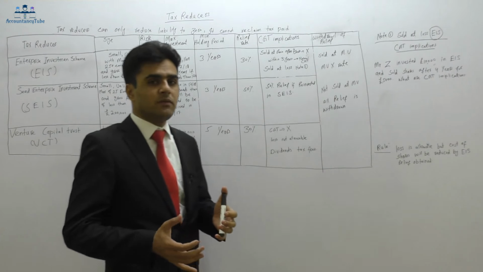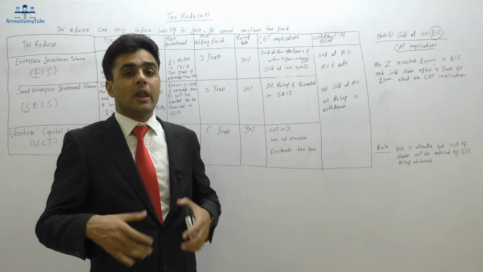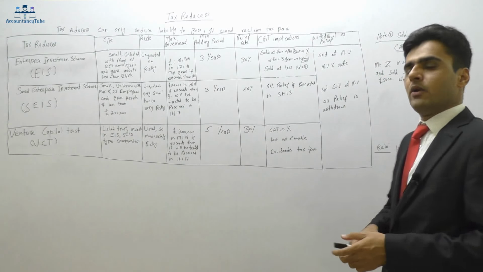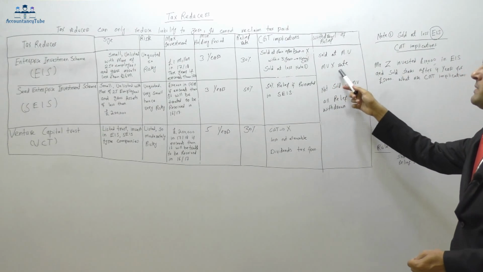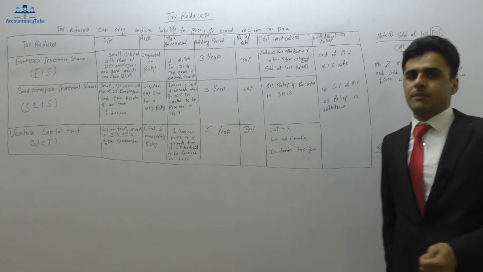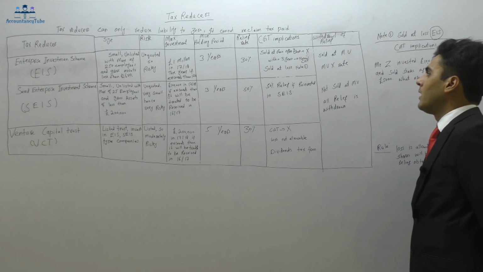If you have sold the shares within the 3 years period, HMRC will withdraw the relief. Now, how would it withdraw the relief? If you have sold the shares at market value, then we will take the market value multiplied by the tax reducer rate. So what was the rate in EIS? 30% was the tax reducer rate. So that's how the withdrawal of EIS relief will apply.